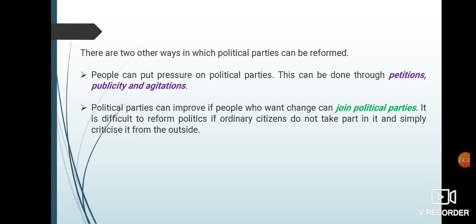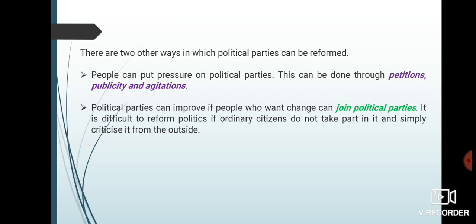These suggestions have not yet been accepted by the political parties. If and when these are accepted, these could lead to some improvement. But we must be very careful about legal solutions to political problems.